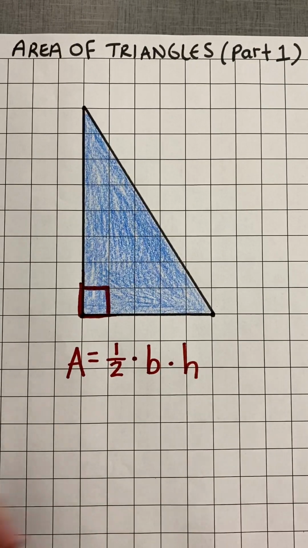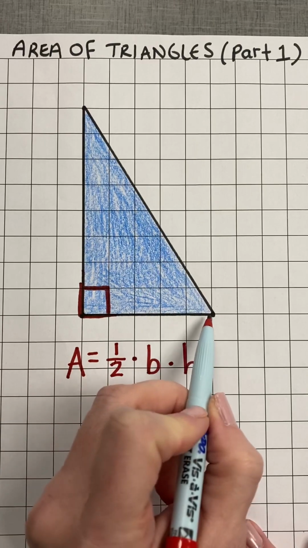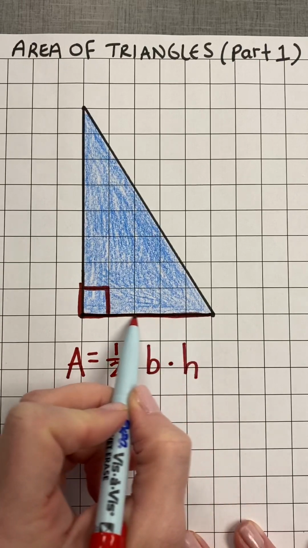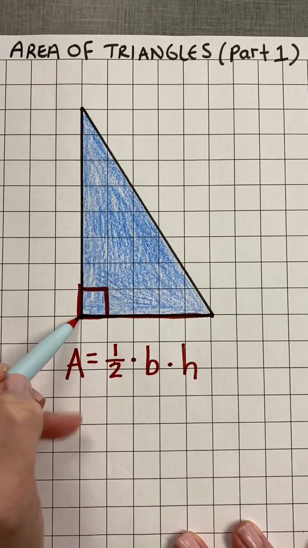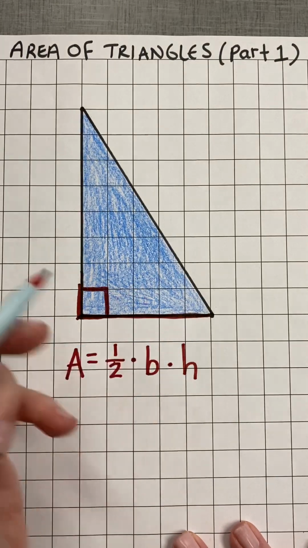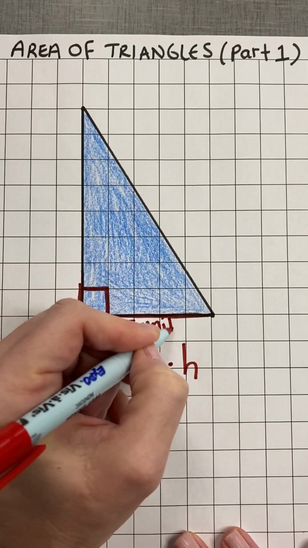So let's count these out. For this triangle I have drawn, let's count the base. The base, again, is going to run side to side here, left to right, sort of the bottom of your triangle. So let's count how many units. 1, 2, 3, 4, 5. So this has 5 units for the base.